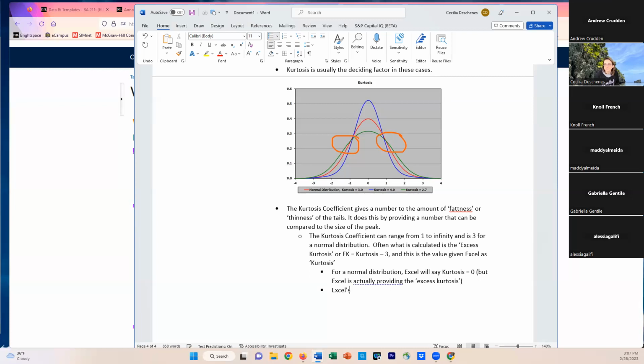So Excel's kurtosis, which is really EK, or the excess, will, as a result, range from -2 to infinity. A little counterintuitive.